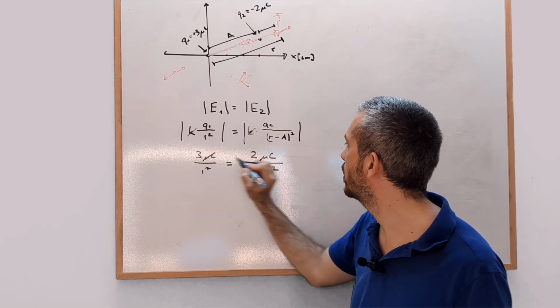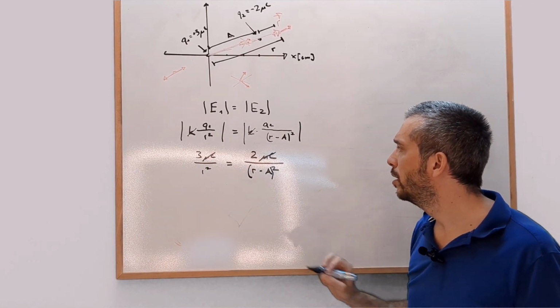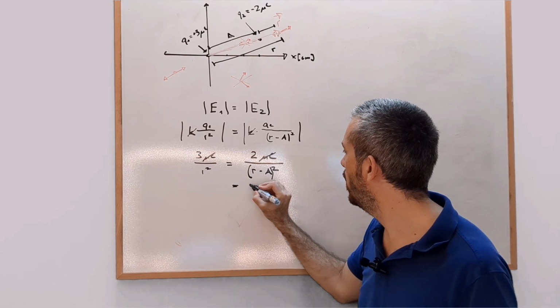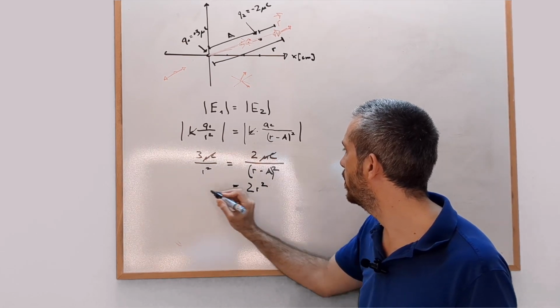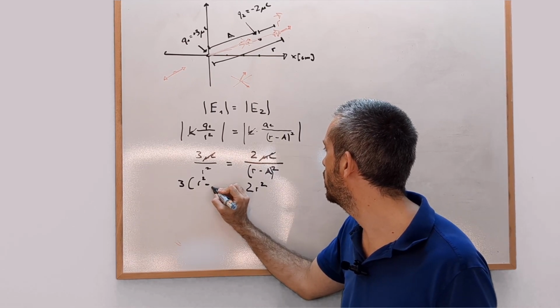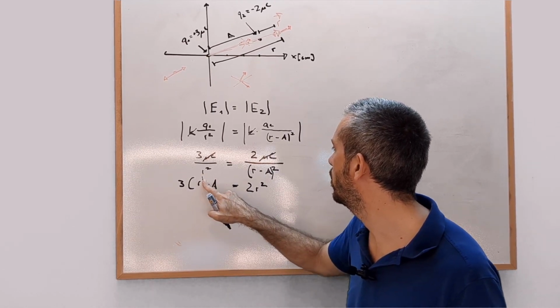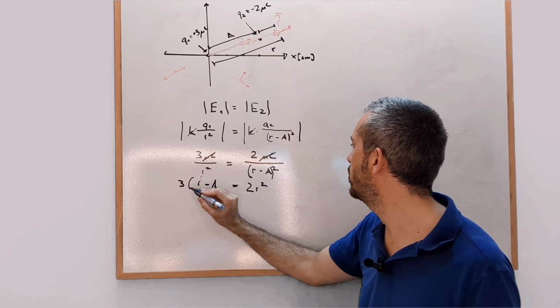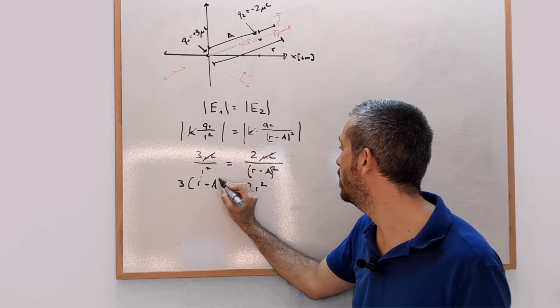The microcoulombs cancel each other out. I can cross multiply. 2R squared is 3 times (R minus a) squared.